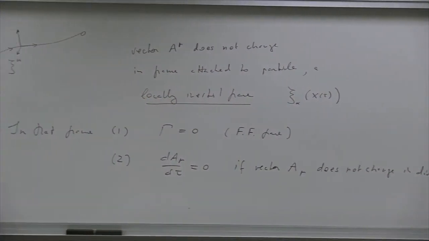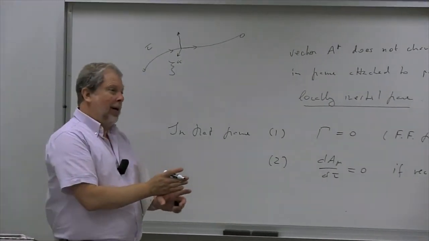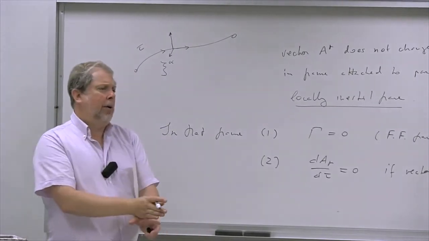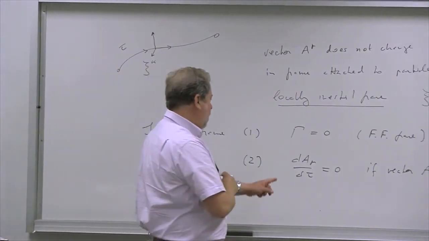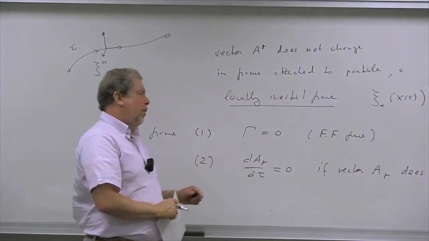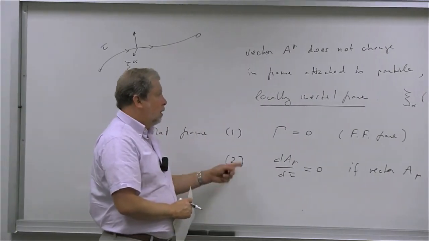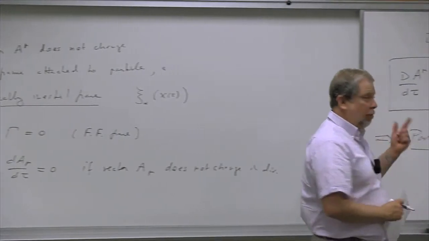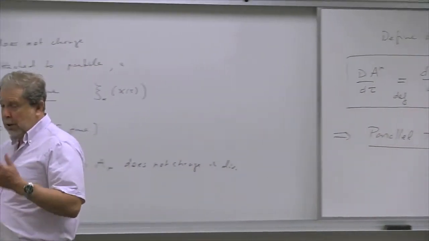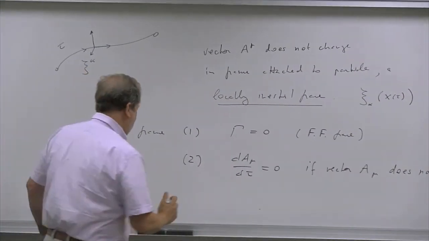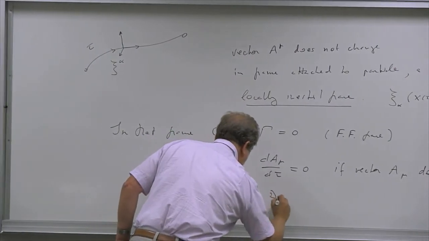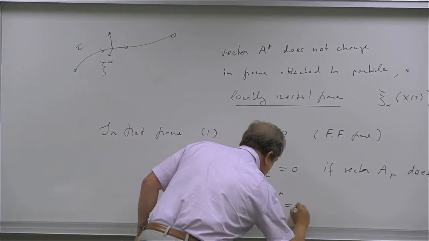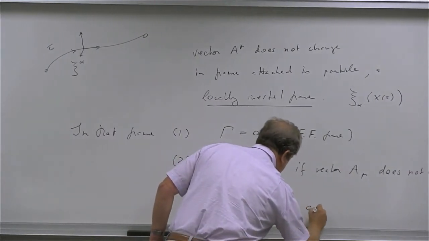So if you have a vector that is attached to the particle and that vector does not change direction as the particle is freely falling, then in that frame the derivative is 0. And because the equation for parallel transport along a path is written in terms of vectors and is a tensor, that implies that in fact dA mu by d tau is equal to 0 in any frame.